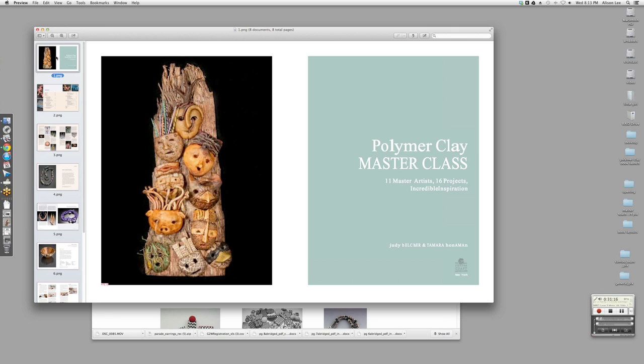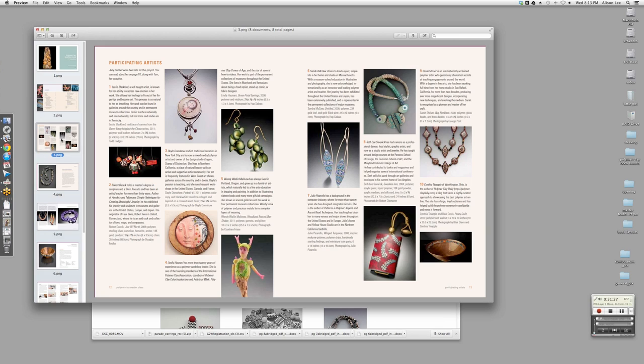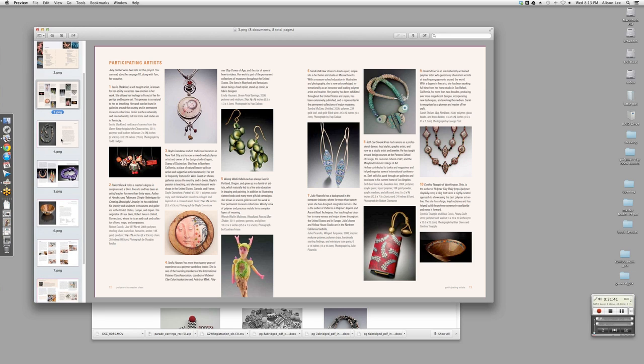Sure. Obviously, the title page and table of contents, so you can get a good idea of the depth of material that's included. Yeah, beautiful. And then the list of artists, so a nice introduction to the artists and their accomplishments and some of the highlights of their careers and some images that are not a part of the book that we were able to get into the book so you could see a little bit about what they bring to the table.